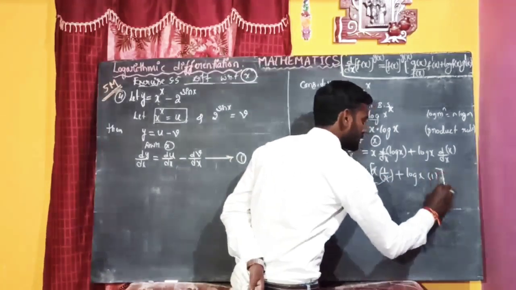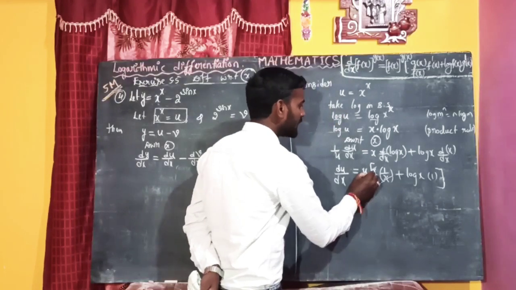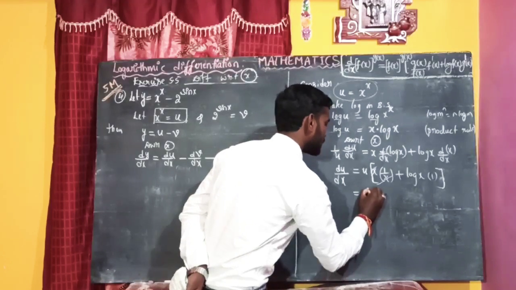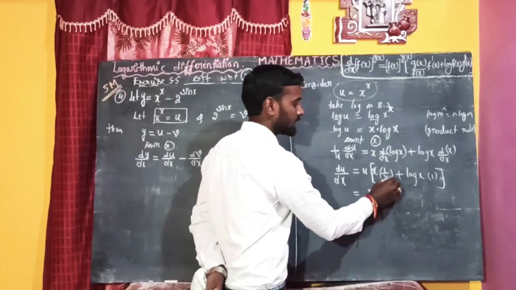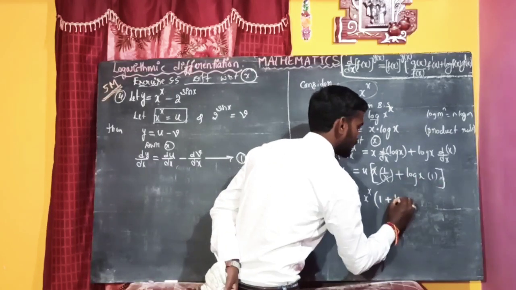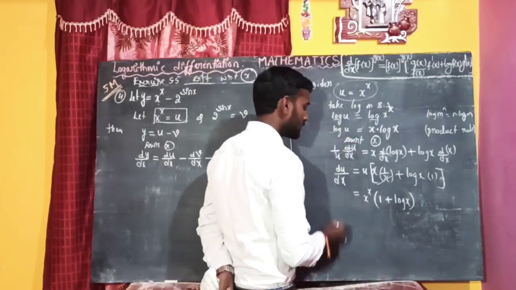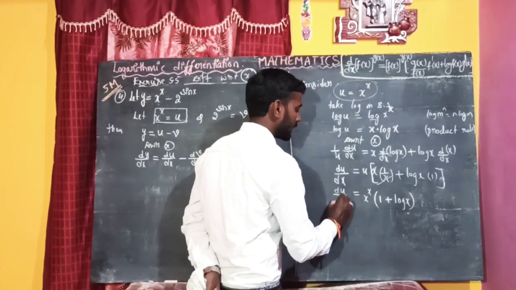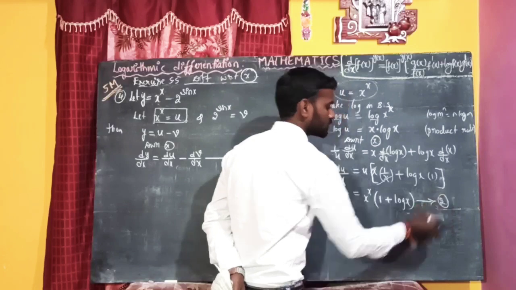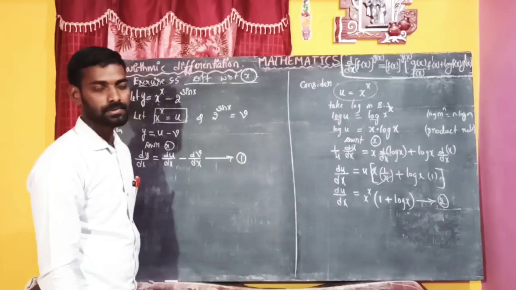U means x to the power of x, into 1 plus log x. Here this is du by dx. Mark this as equation number 2.